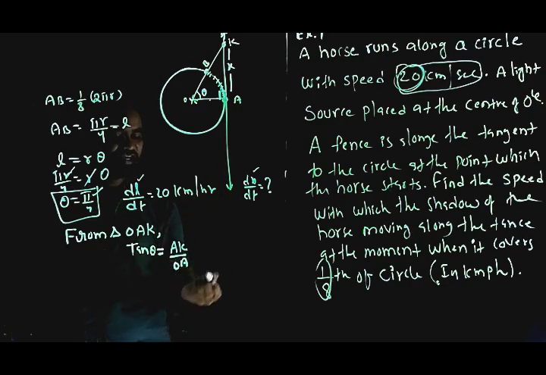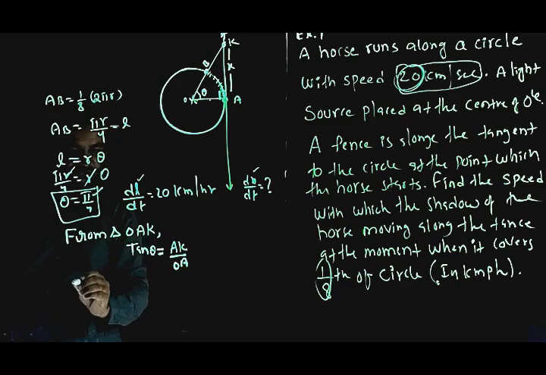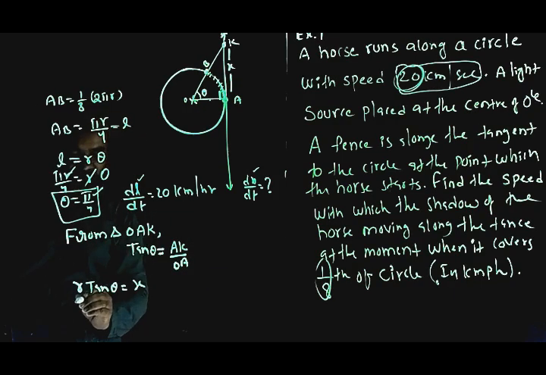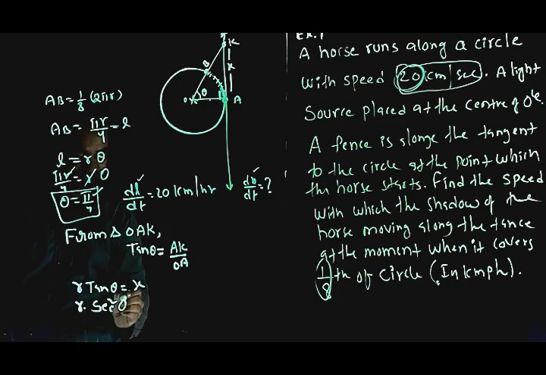OA is fixed, the radius. So r tan theta equals x. Differentiating, r fixed, r into secant square theta into d theta by dt equals dx by dt.